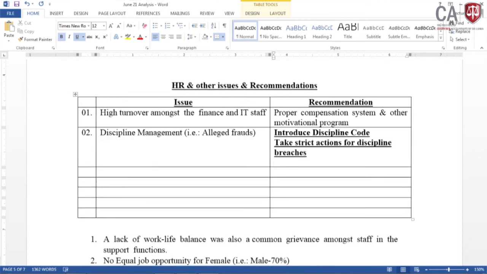Anything else? Introduction of code of ethics, introduction of corporate ethics code. These are some of the recommendations you can provide.